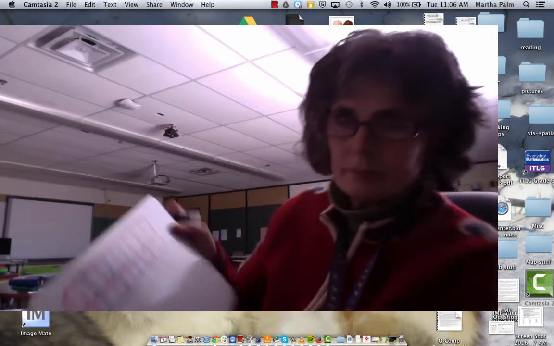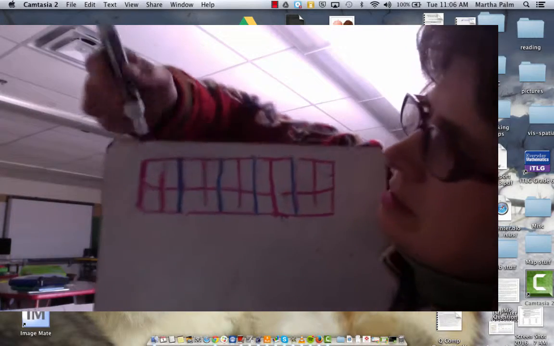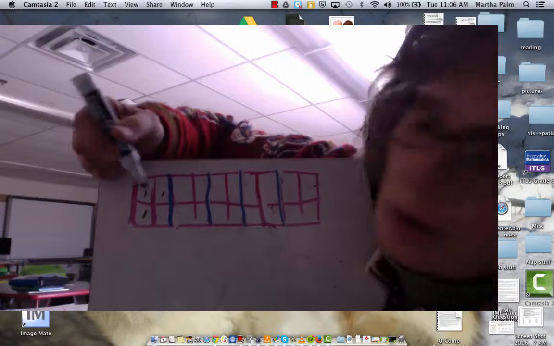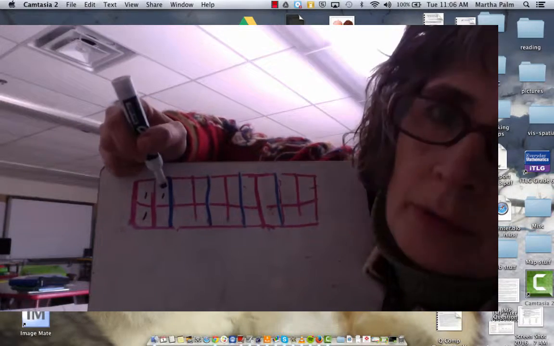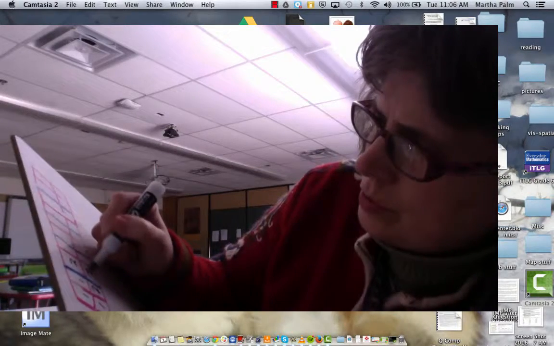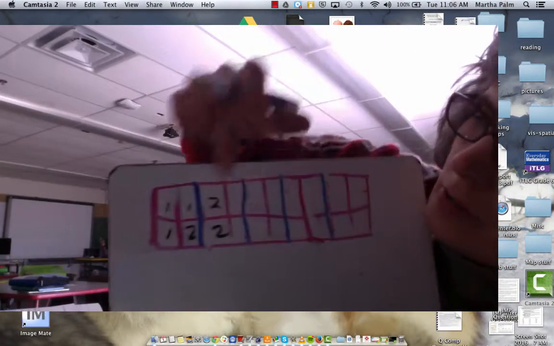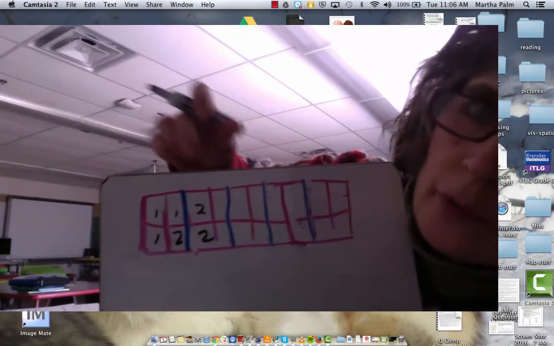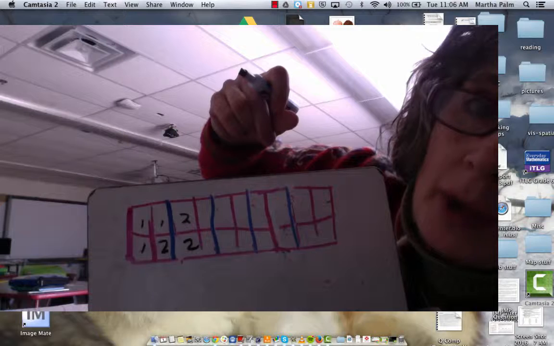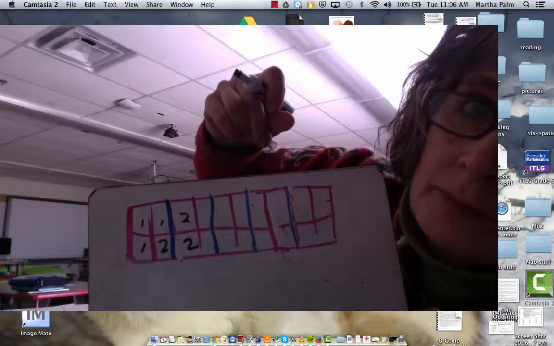So I'm going to go like this. 1, 1, 1. This is the first group of 3/4 of a pound. And the next one I'm going to start and go 2, 2, 2. And here's the next group of 3/4 of a pound. Go all the way through and see how many 3/4 of a pound bags we can have.